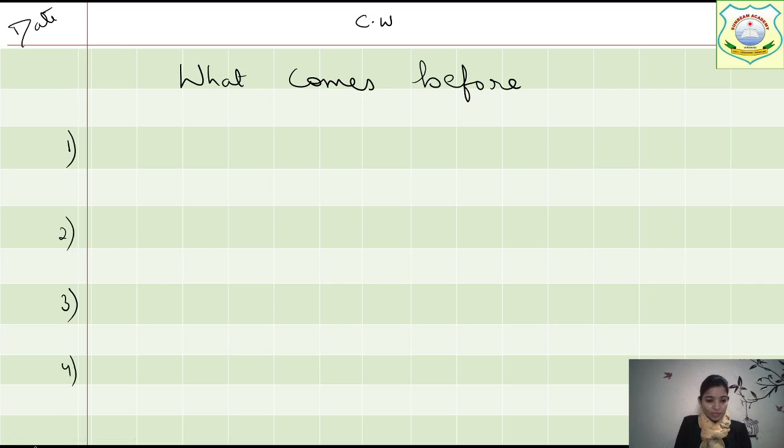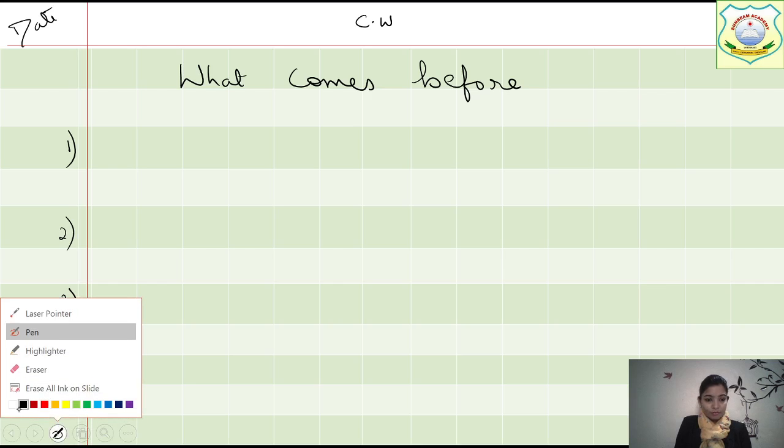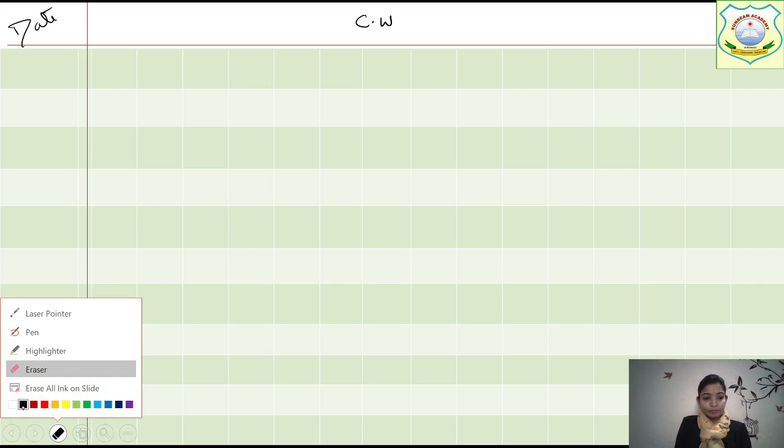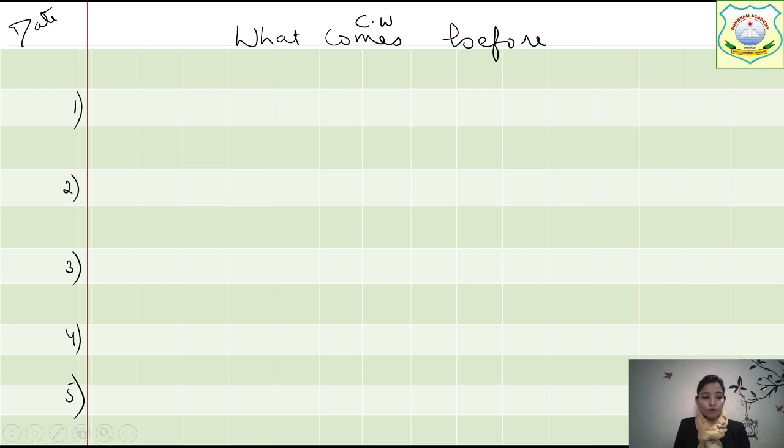I don't have space, so let me erase this first. Okay. I'm writing the heading on the top so that I can use this space. So the heading is what comes before. Now the first question, second, third, fourth and fifth. Now I have proper space.